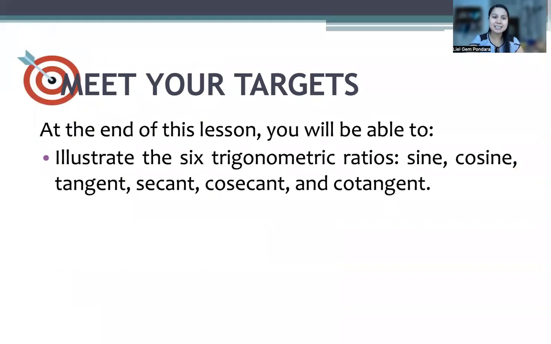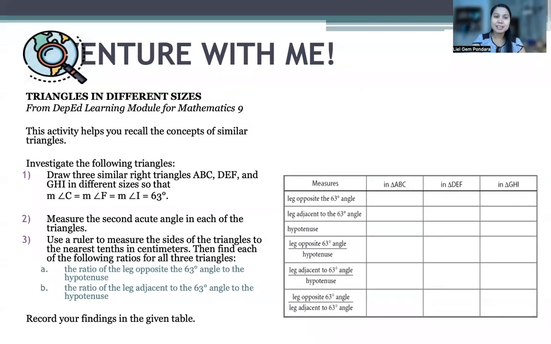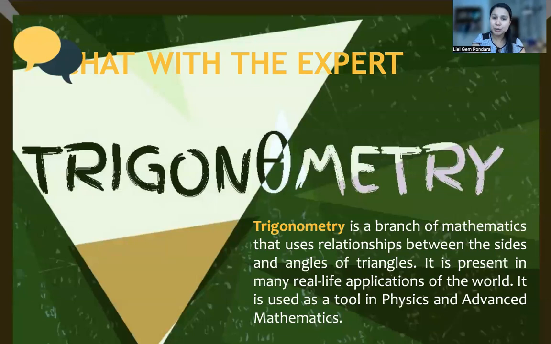At the end of today's lesson, you'll be able to illustrate the 6 trigonometric ratios, namely sine, cosine, tangent, secant, cosecant, and the last is the cotangent. Now, let me share with you the definition of trigonometry.